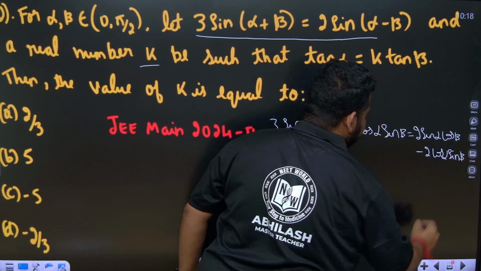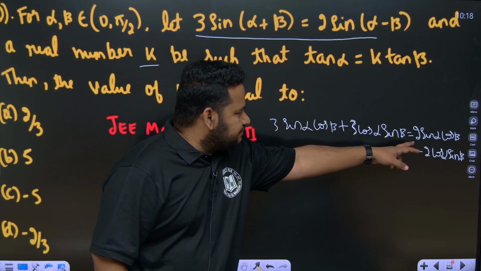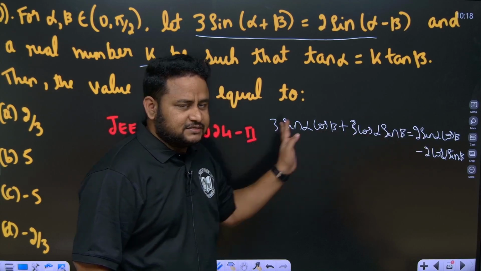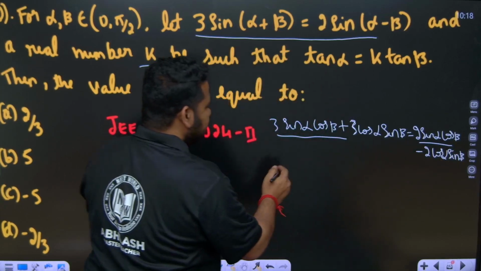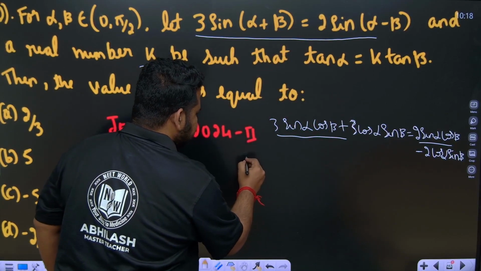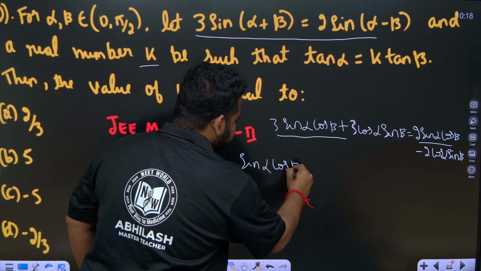Now look at this, 3 sin alpha cos beta, and here we are having 2 sin alpha cos beta. If you bring it this side, it will become 3 minus 2, it will become just 1 sin alpha cos beta.